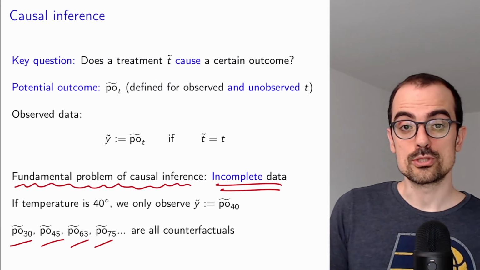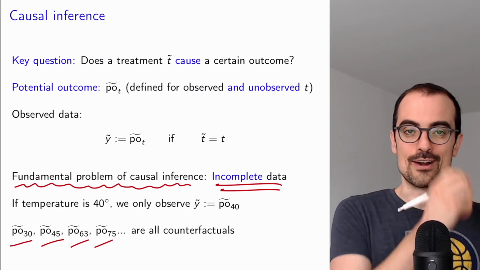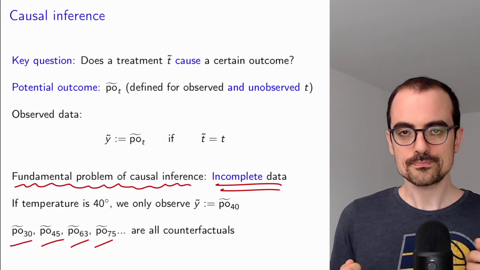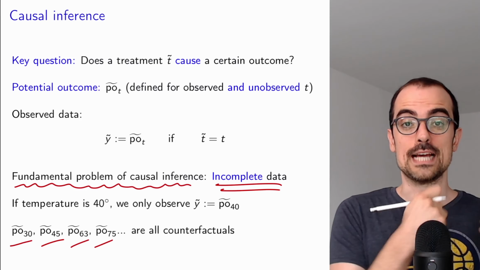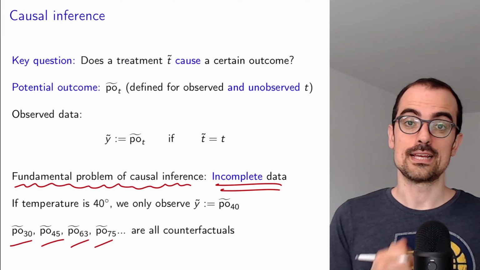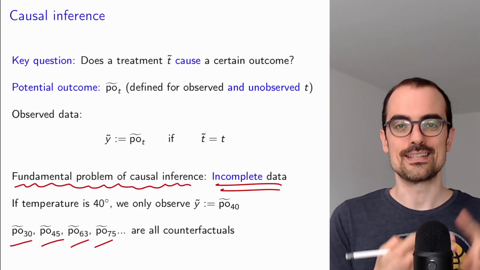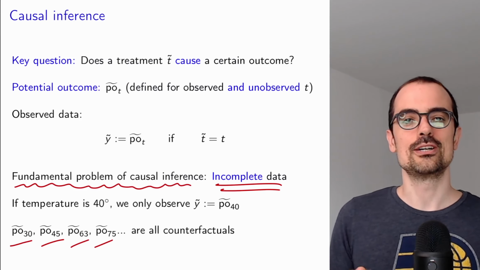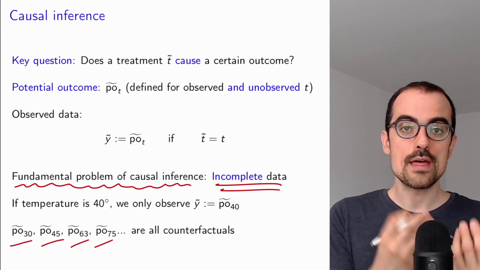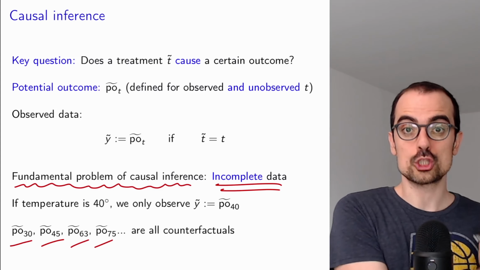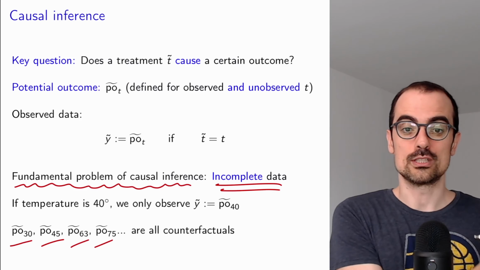If we managed to observe our outcome for every possible value of the treatment, if we had access to the unemployment for, let's say, last month when the temperature was 50 degrees, 60 degrees, 70 degrees, every possible temperature, then we would clearly know whether the treatment, in this case the temperature, was having a causal effect on the outcome.